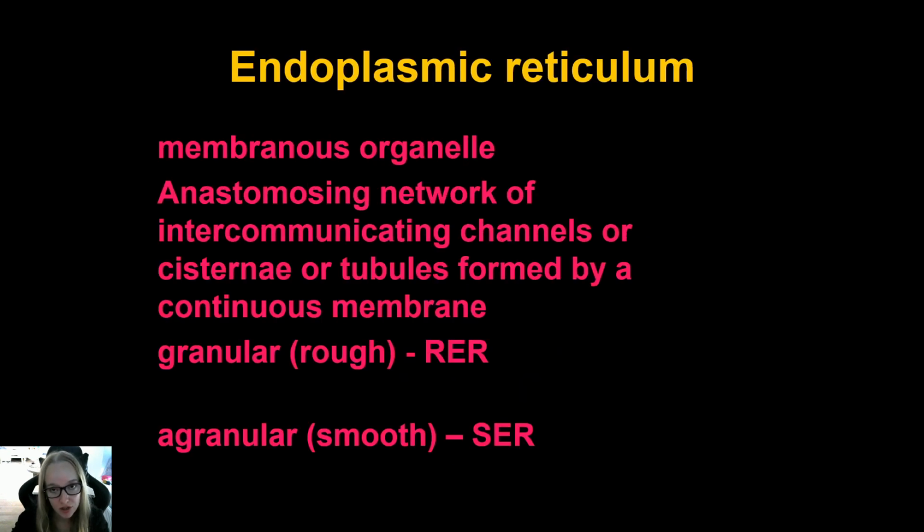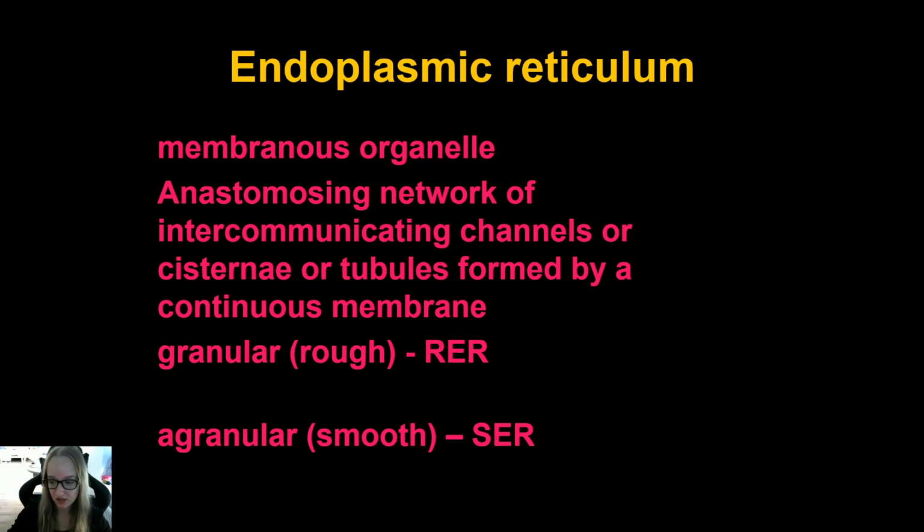So the first organelle, endoplasmic reticulum. Remember, it's a membranous organelle, so it has its membrane. Endoplasmic reticulum creates a convoluted membranous network, made of channels that intercommunicate with each other.